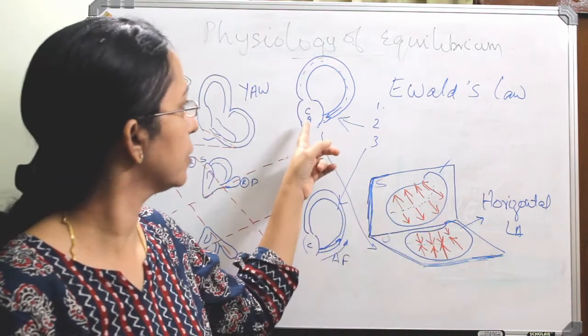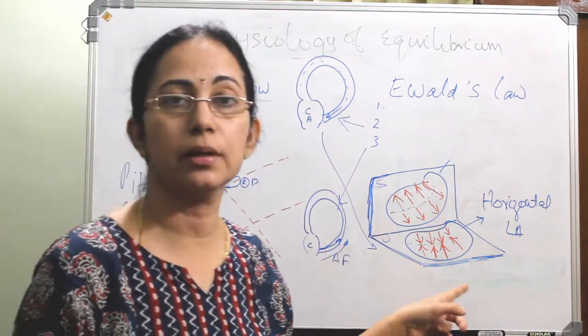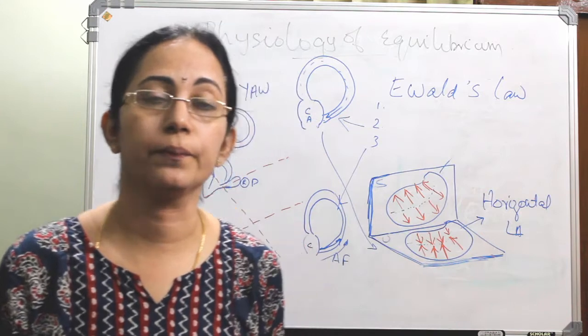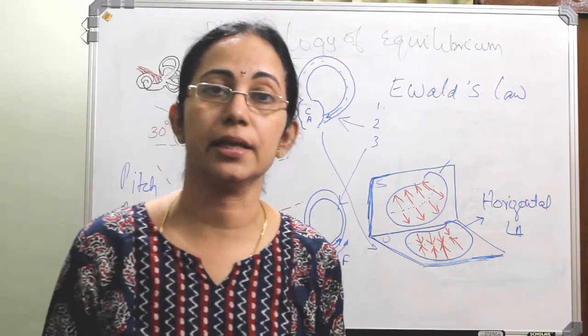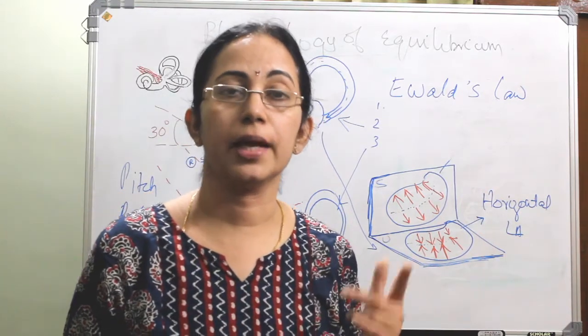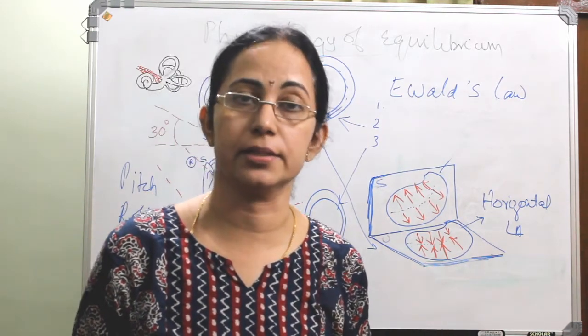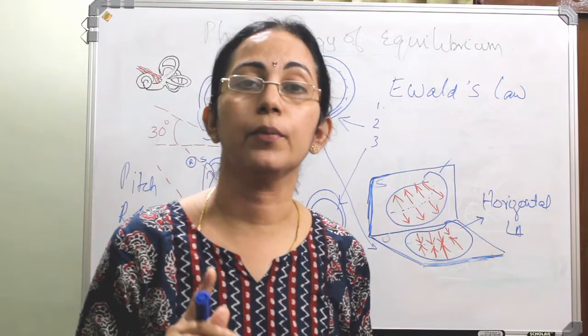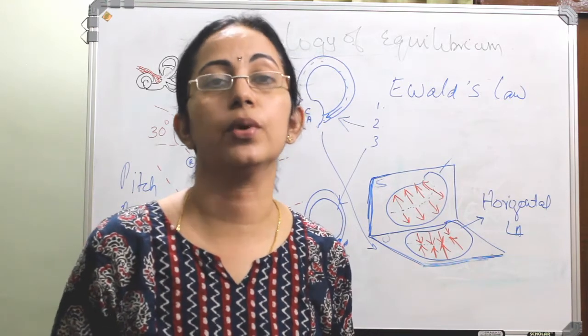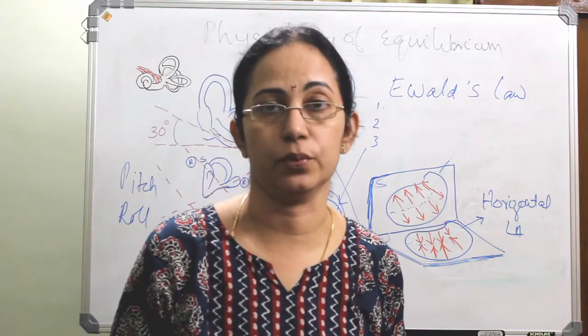So as it sits looking towards the utricle, an ampullopetal flow causes more excitation than an ampullofugal flow. And in the vertical canals, that is the superior as well as the posterior semicircular canal, an ampullofugal flow causes more excitation than an ampullopetal flow.